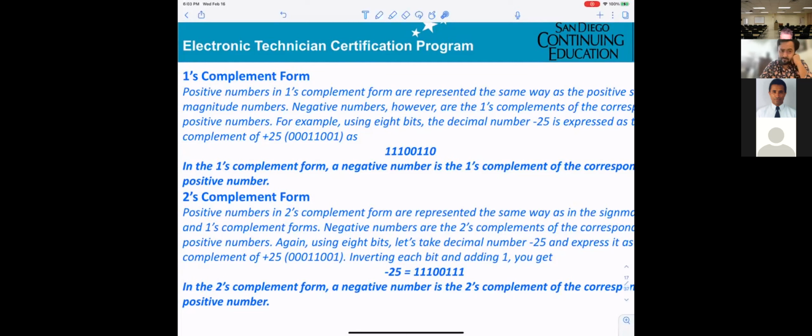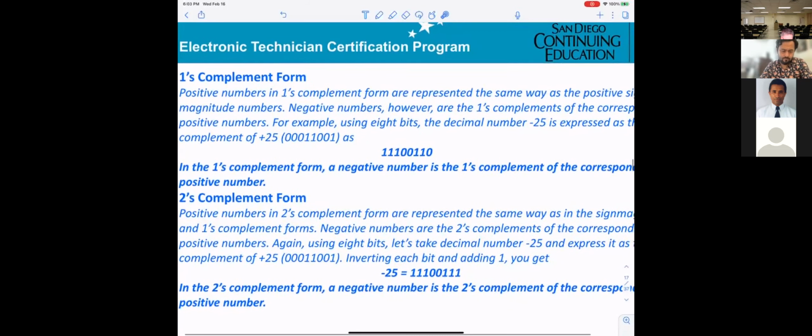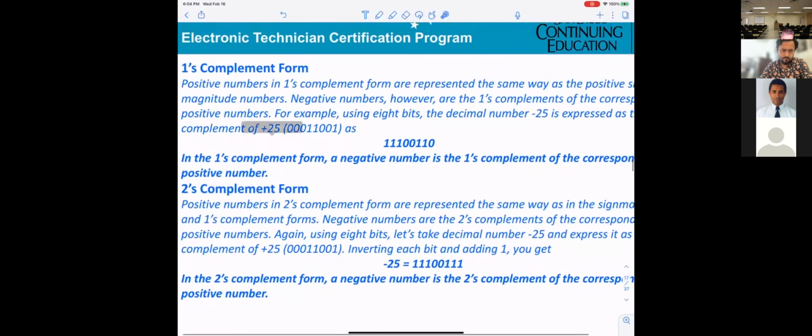Let's take the decimal number minus 25. Basically, this is the number 25. Take the complement here; this number we already calculated, we get positive 25. Inverting the 8 bits and adding 1, then you get minus 25.